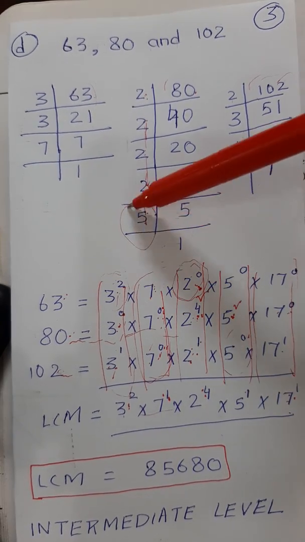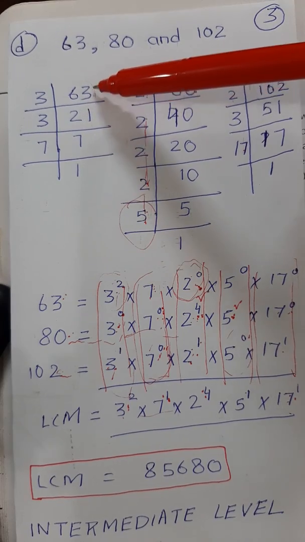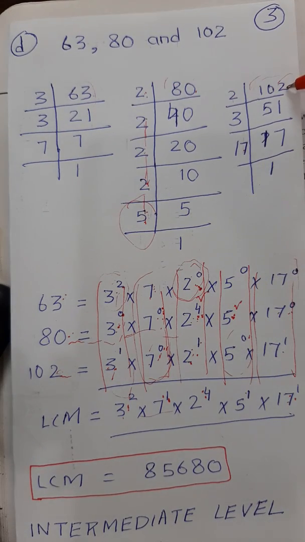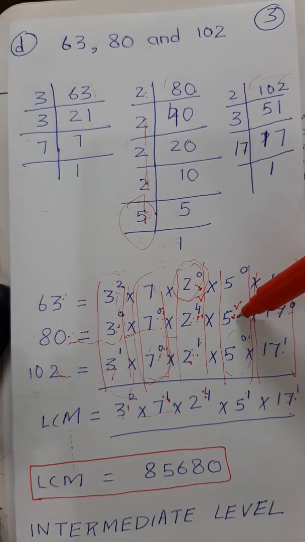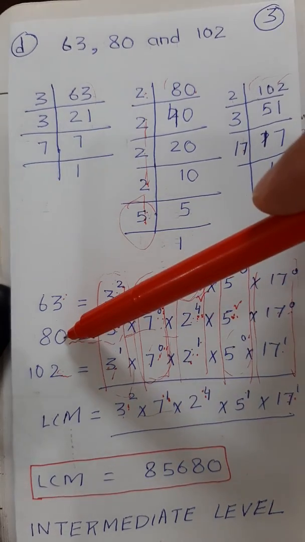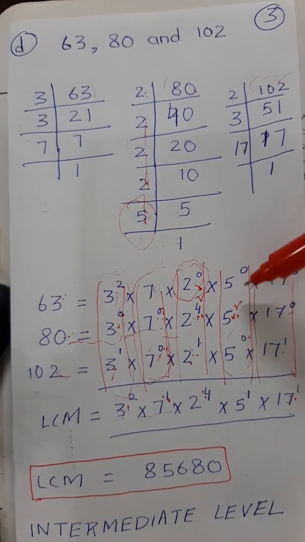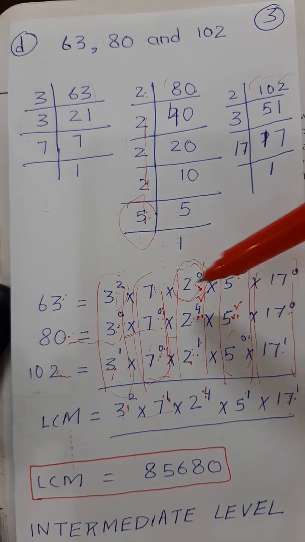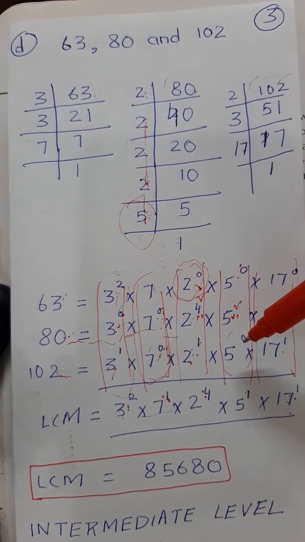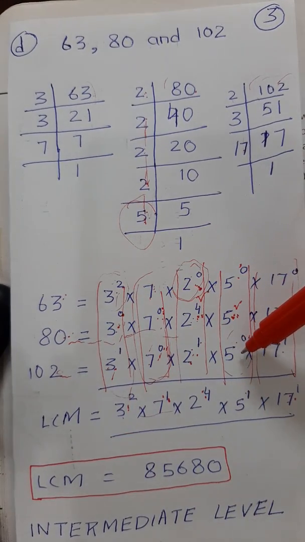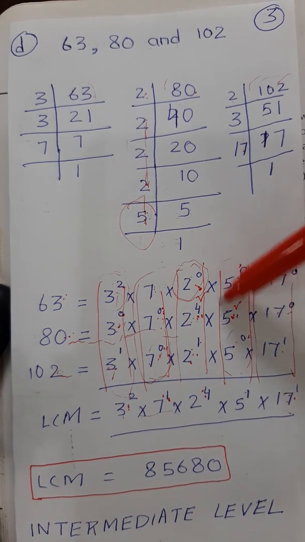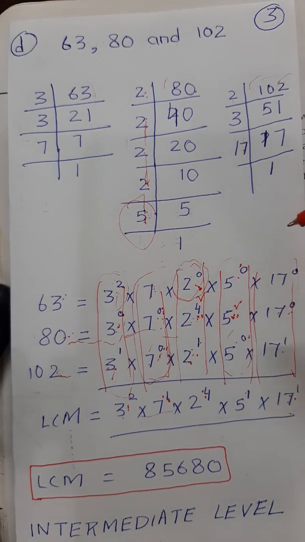Then there is a factor 5, which is not a factor of 63 and not a factor of 102, but it is a factor of 80. So enter 5 in the factors of 80, and because 5 is not a factor in 63, enter it with 5 power 0 in factor of 63. Similarly, 5 power 0 will be written in factor of 102 because 5 is not a factor of 102, and to complete this column we have entered 5 power 0.